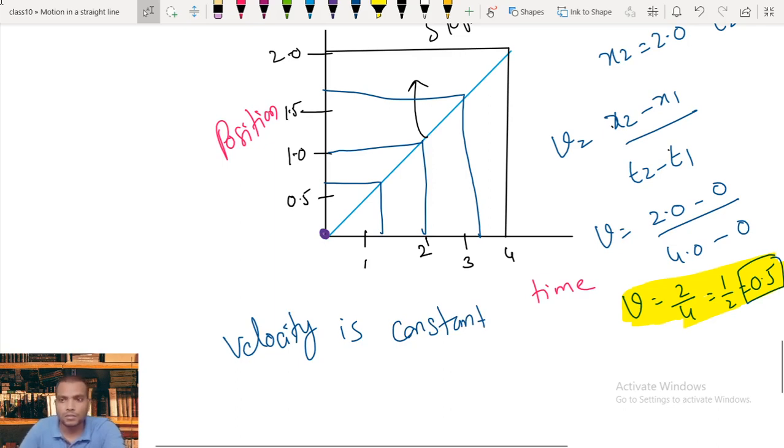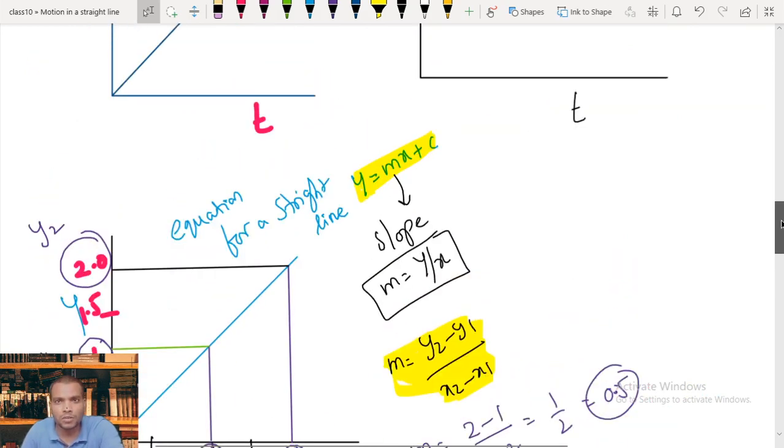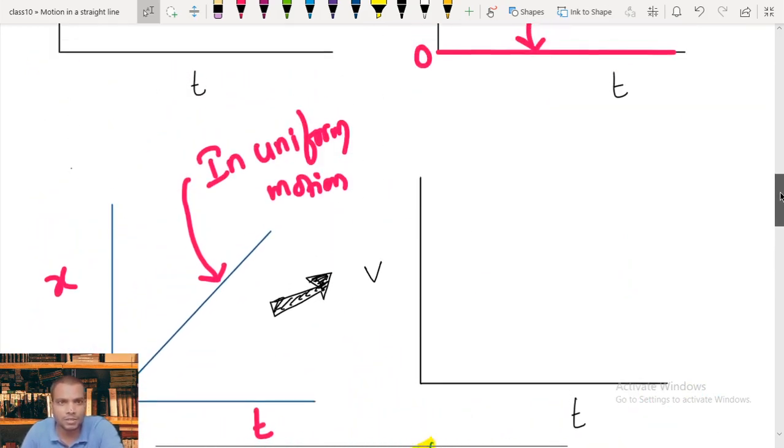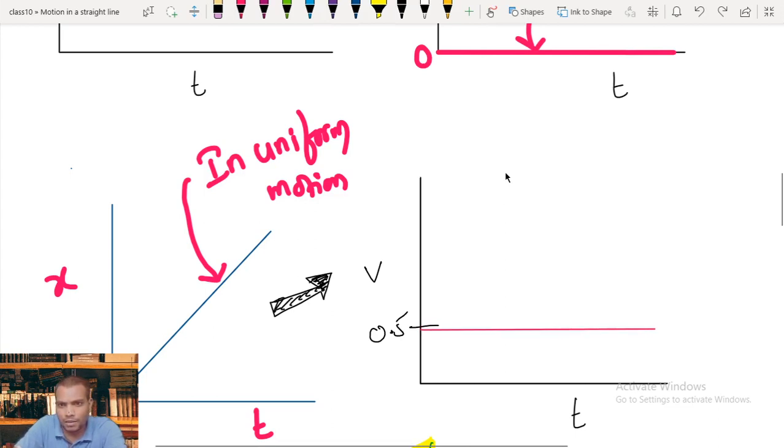Velocity is constant. Or I can make one more statement: if the motion is uniform, the velocity is constant. So where I got the velocity of just 0.5, that velocity throughout the time is constant. Constant means it does not change. So I will draw a straight line parallel to the time axis for that.